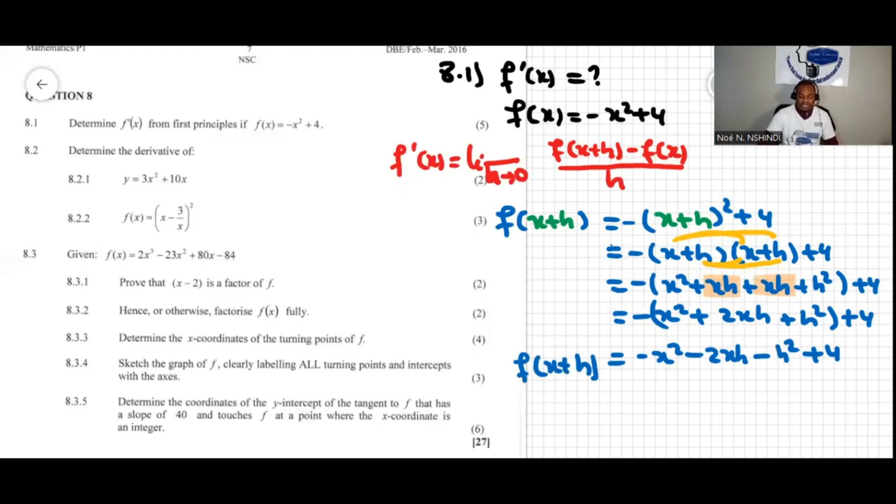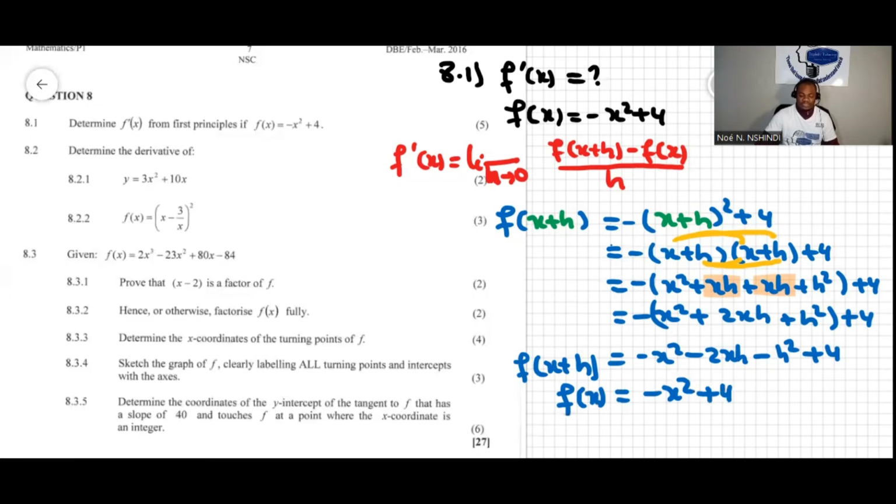Now I did work this out. We find f of x plus h. Now we will then do f of x plus h minus f of x. Now f of x is given by negative x squared plus 4.